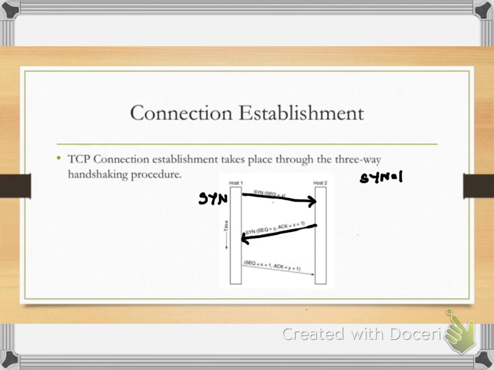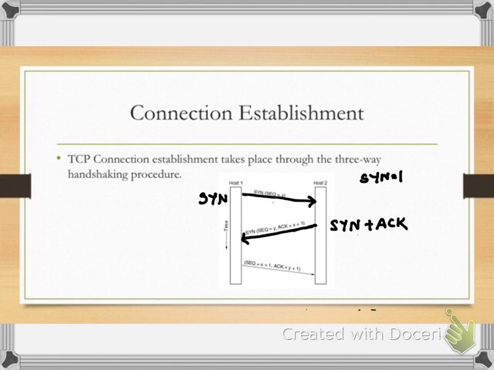This was received at host 2, and host 2 sent an acknowledgement along with the connection accept. In the segment sent by host 2, two bits will be set to 1, that is the SYN bit and the acknowledgement bit. And here you can see the acknowledgement number field will have X plus 1.